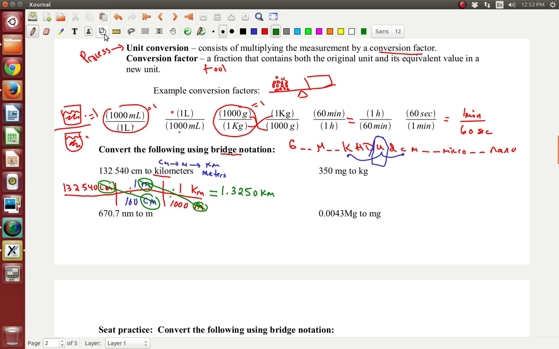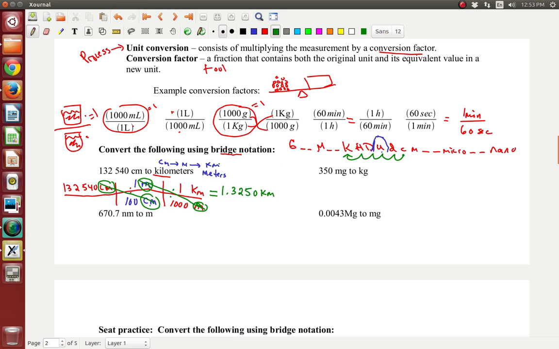All right, now I'm going to show you how that works by using a check over here. So let me erase for just a second. All right, back to a pen. Again, I went from centimeters to kilometers. So I moved from centimeters 1, 2, 3, 4, 5 spaces to the left.